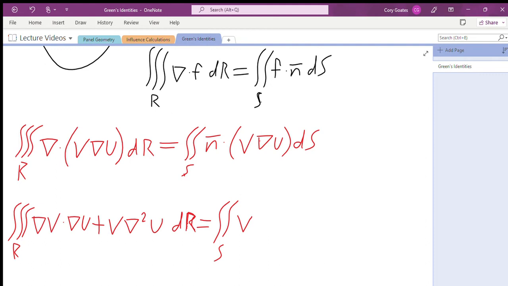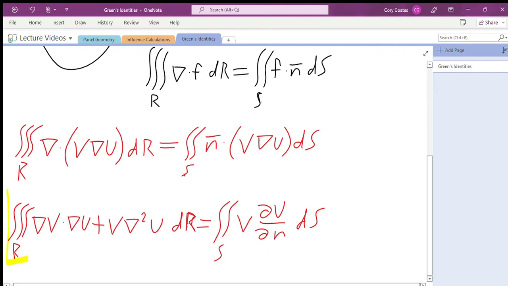Well, we have the derivative of the function in the direction of that vector. So we can write this as partial u partial n dS. Okay? And there we have it.